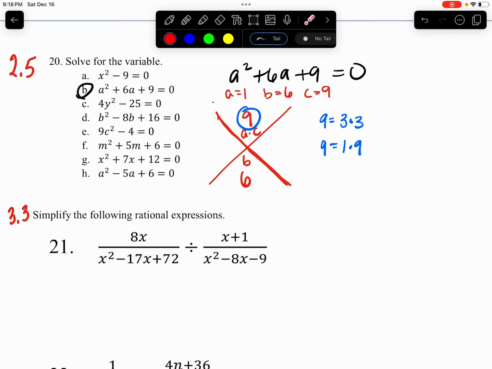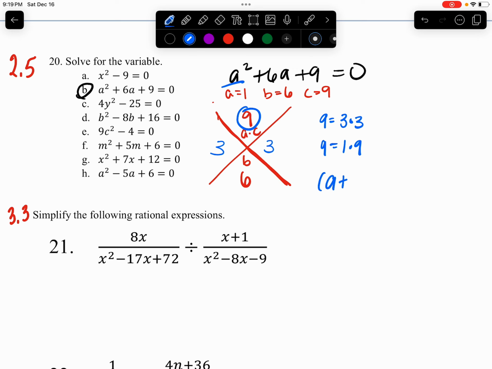Which one of these two adds up to 6? Obviously, it is 3 plus 3, right? I'm sorry, not 3 plus 3, 3 times 3. So it'll be here, 3 and 3. Make sure you're using the correct variable here.